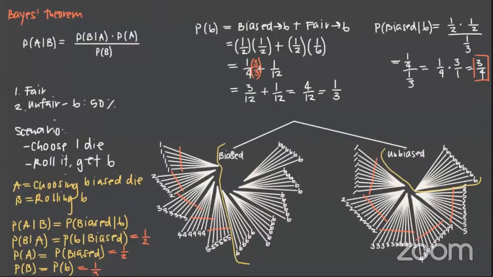And here also on the unbiased side, I will take away 1, 2, 3, 4 and 5. Now, I have struck out the options 1, 2, 3, 4 and 5 on my biased and unbiased.